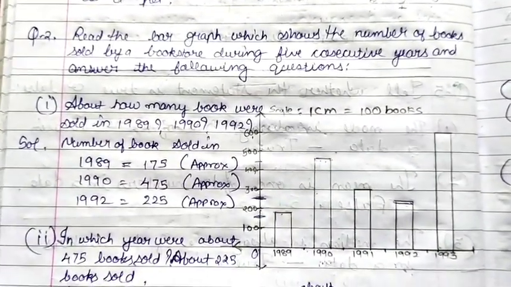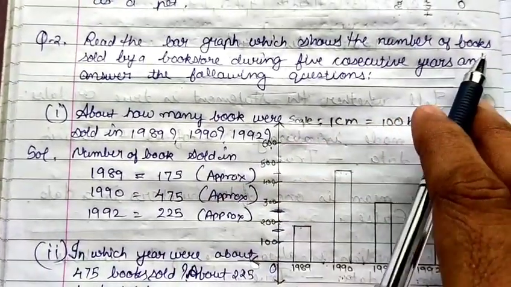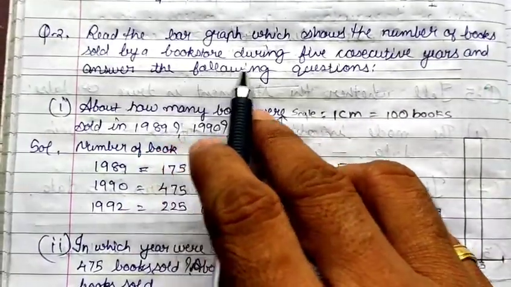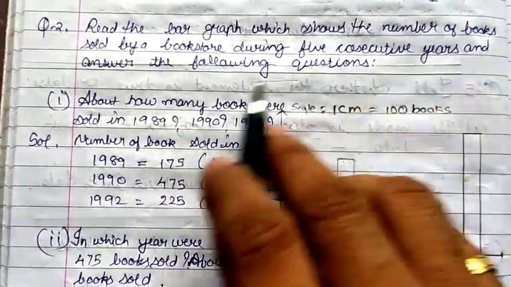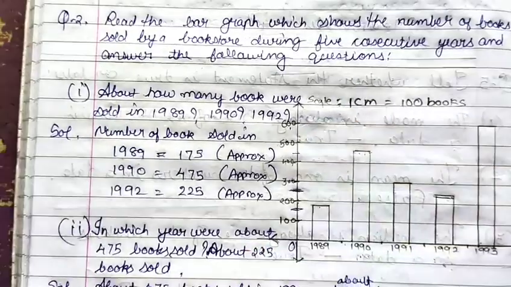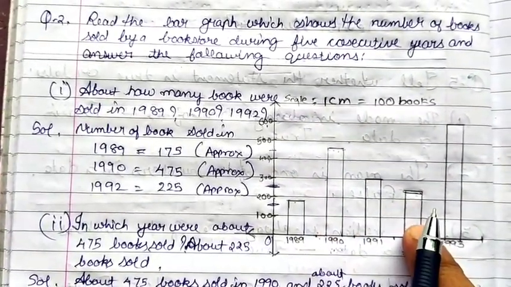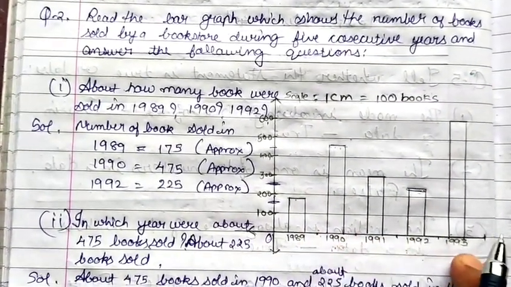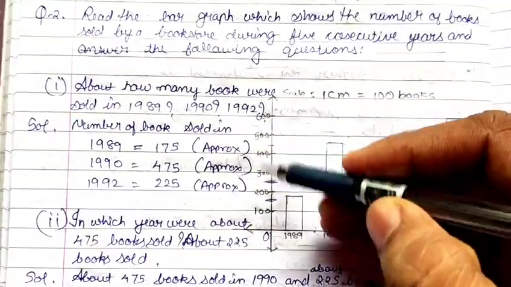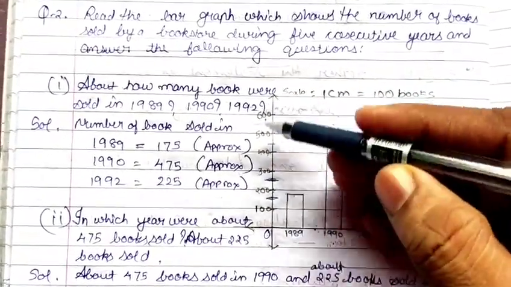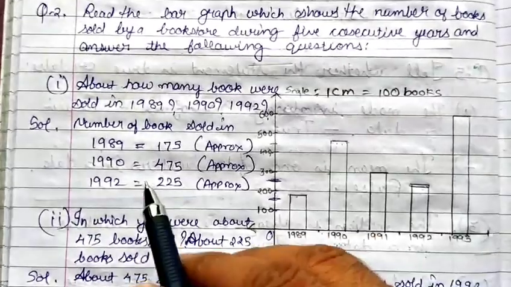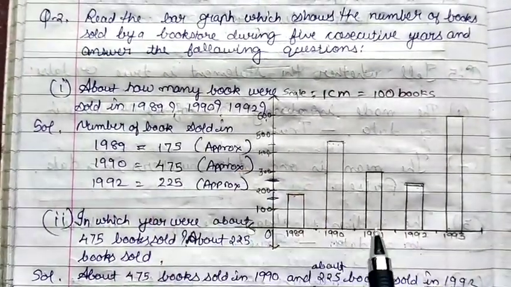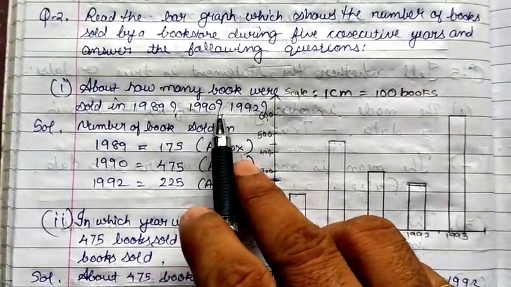Now read the bar graph which shows the number of books sold by a bookstore during 5 consecutive years and answer the following questions. Here one kind of bar graph is given in which 5 consecutive years are there, and these are the number of books sold in the 5 consecutive years. Now one by one we have to give the answer of each particular question.